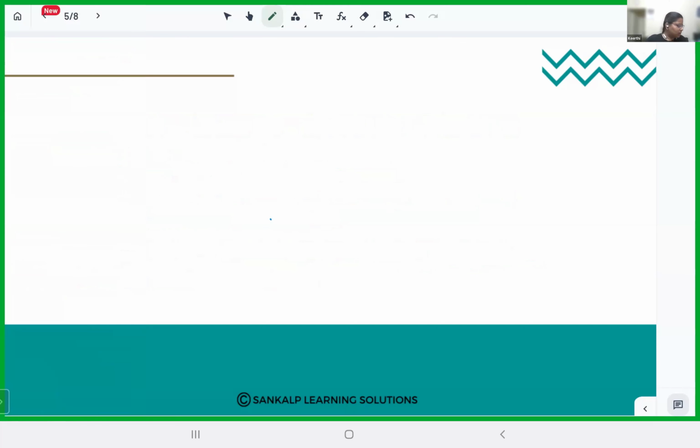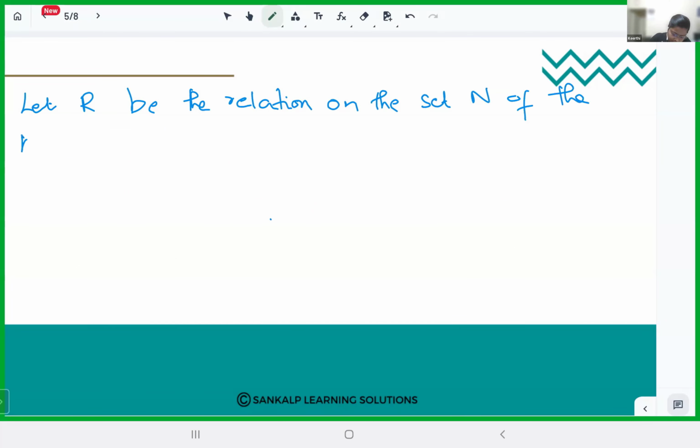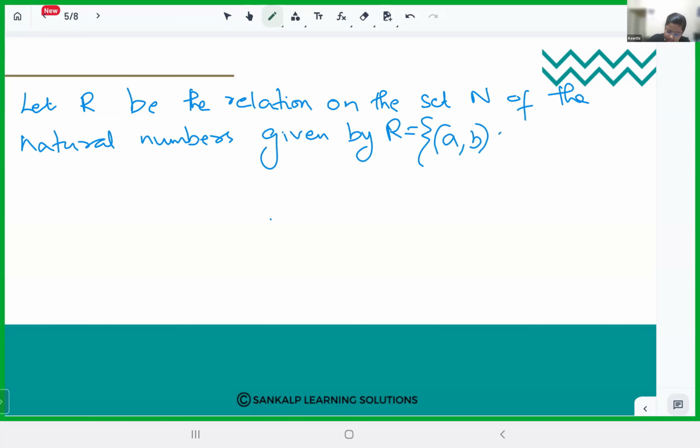So the first question is: let R be the relation on the set N of natural numbers given by R equal to the set of all ordered pairs (a, b) such that a minus b is greater than 2 and b greater than 3. We have to choose the correct answer.